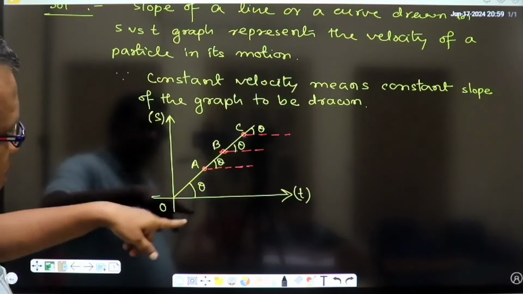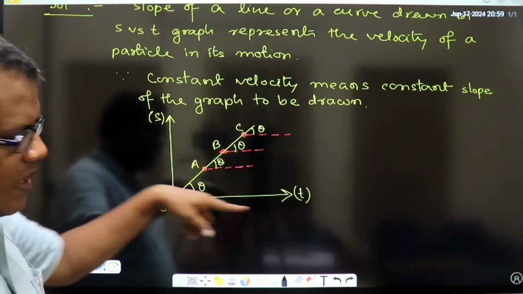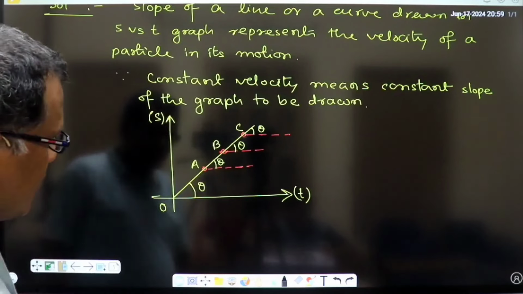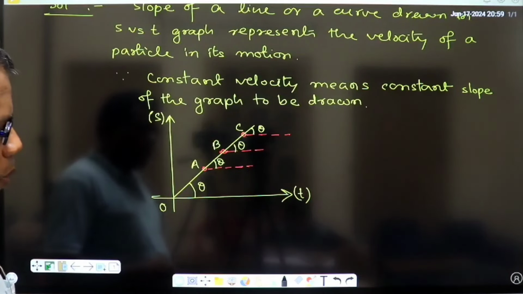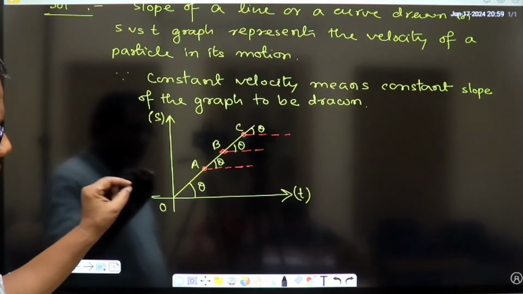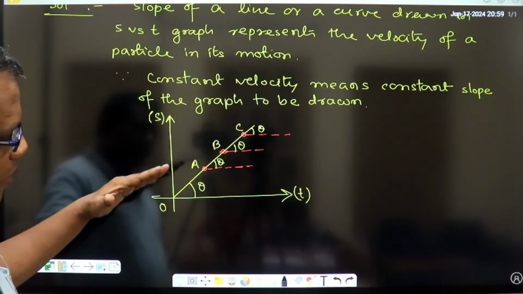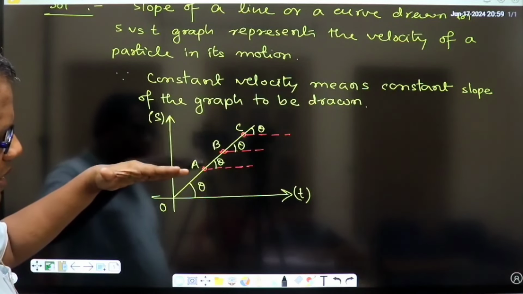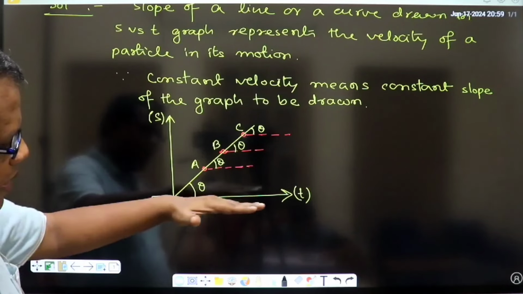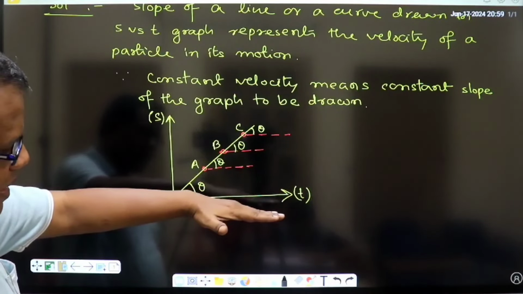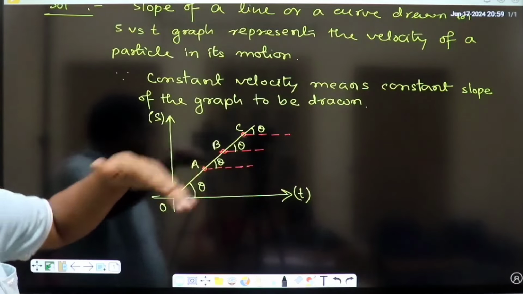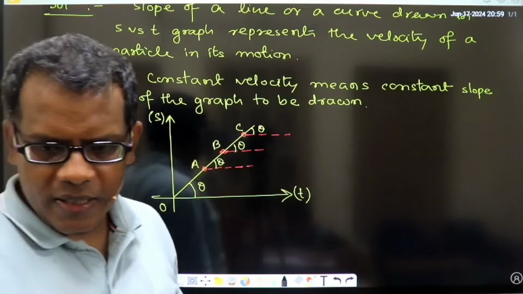That's why S versus T: S is taken on the y-axis, T on the x-axis. So this is a straight line with a constant slope. Why constant slope? Because everywhere on the line, it makes the same angle theta with the horizontal axis representing time, or any line parallel to the time axis.